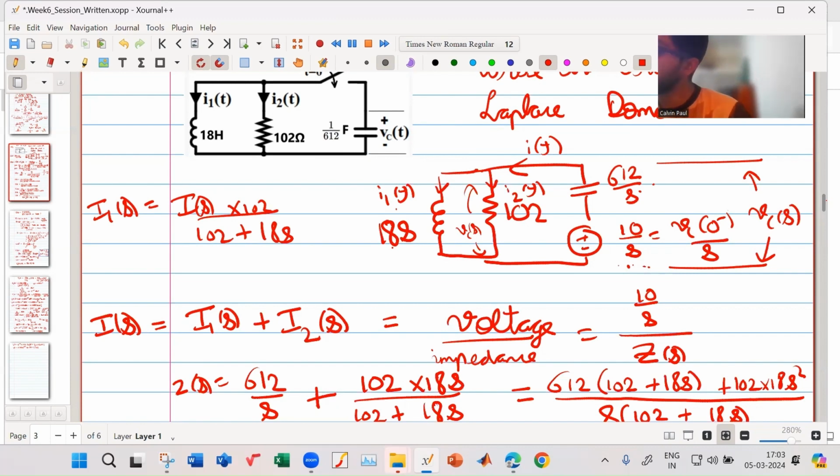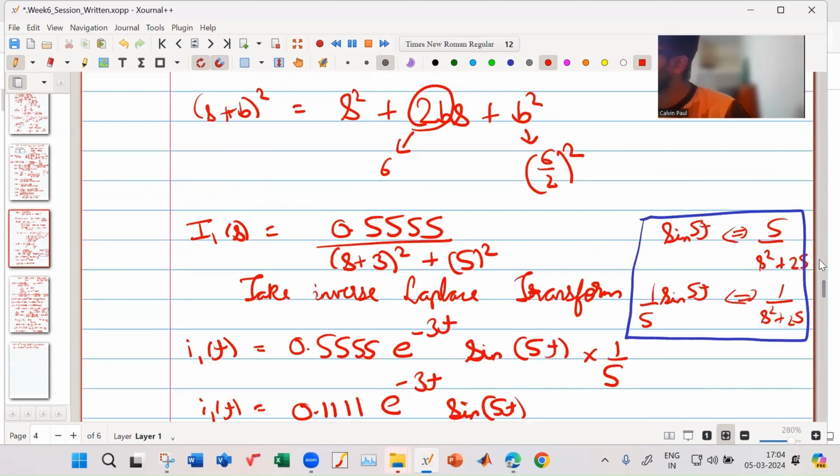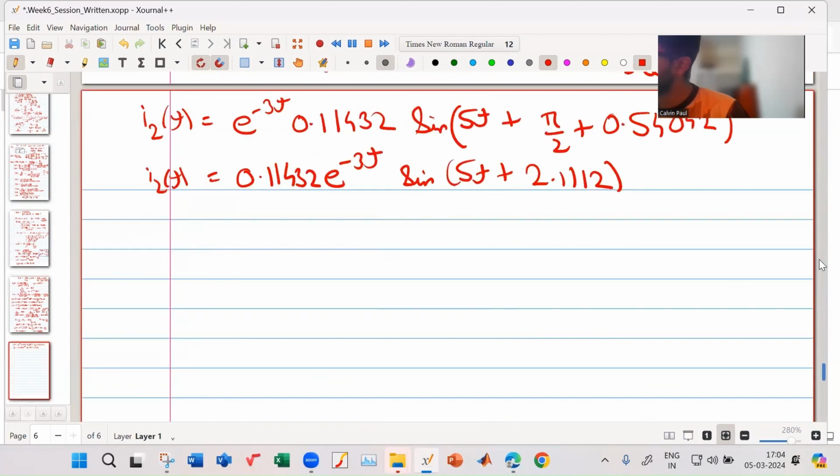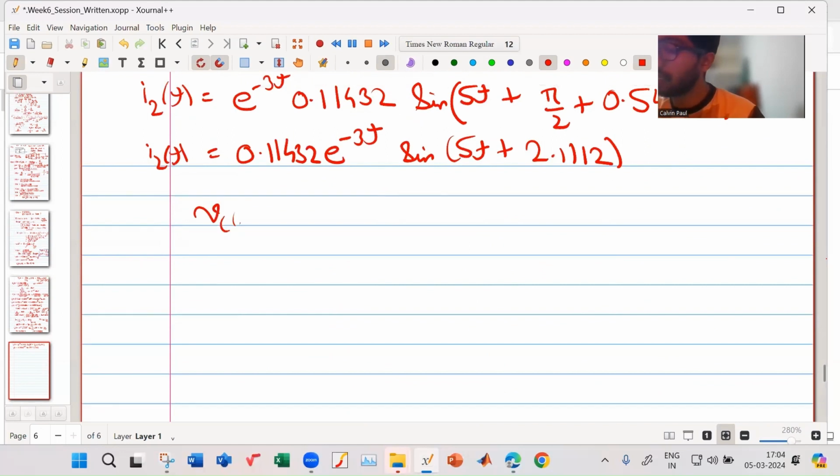So Vc of s is actually equal to 102 into I2 of s. Or I can write Vc of t is equal to 102 into I2 of t.